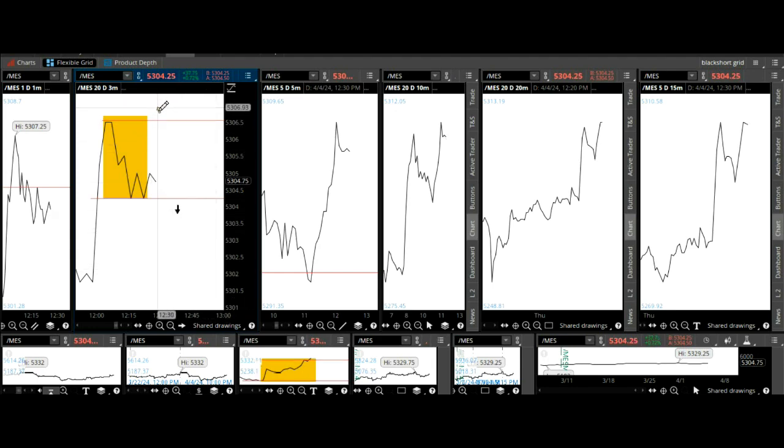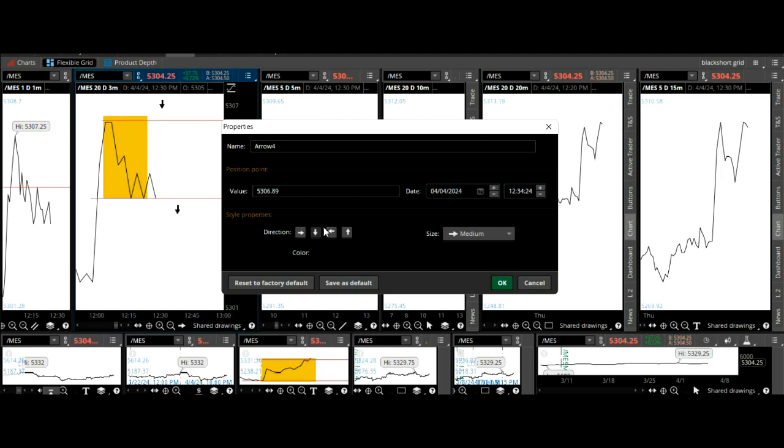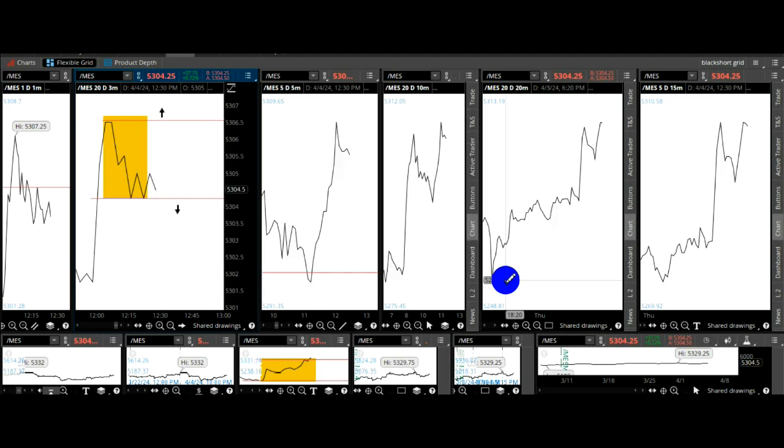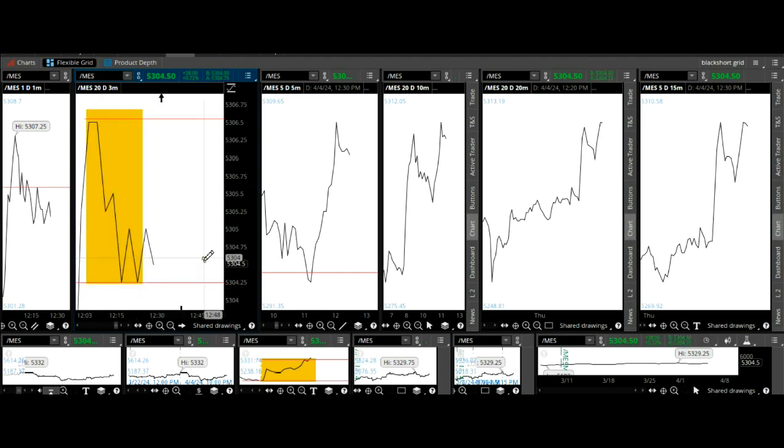Now, conversely, if we go above here, I kind of doubt it at this point. But again, we're in a 3-minute time frame. It could happen, right? You've got your parameters all set. You've defined your risk, and then you can do a trade. Okay, so if you do a trade now, going up, stop would be around '04 here, '05 peak out here.